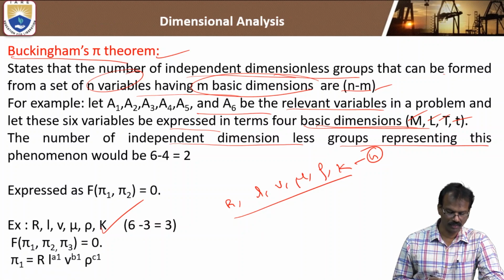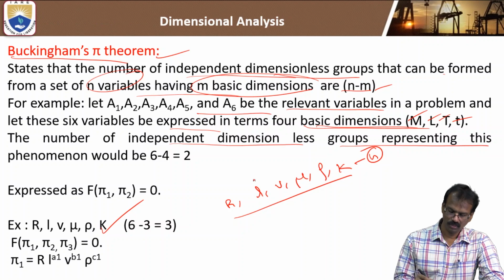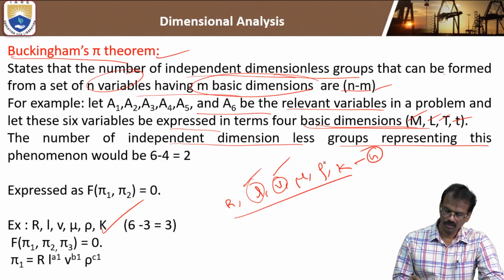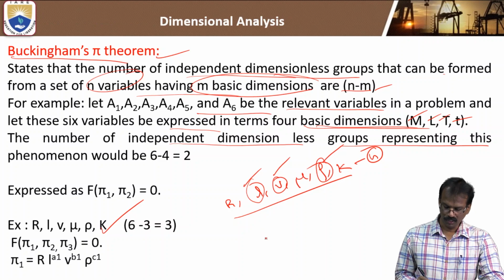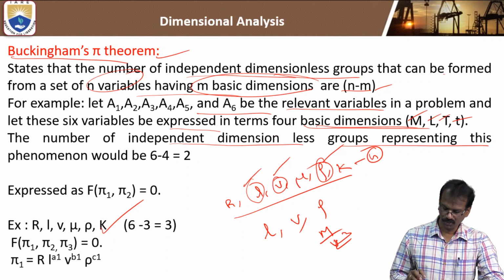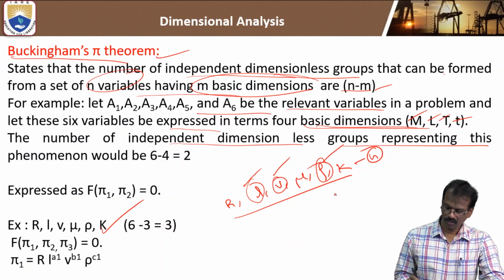Length can be taken as a basic dimension based upon the geometry, velocity also, and rho is related to mass. Density is mass upon volume, M L to the power minus 3. So we identify length, velocity and density as the basic dimensions. So basic dimensions are 3.